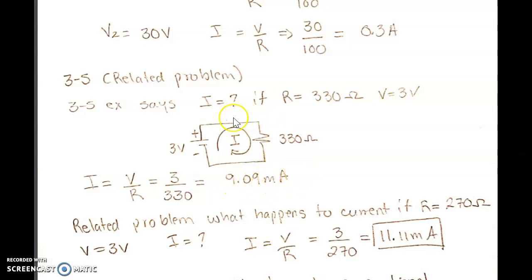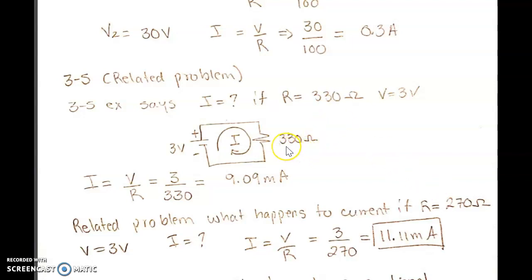But what happens if, in this same setting, the voltage is kept constant, but the resistor now goes down. It goes from 330 ohms to 270 ohms. We stated the mathematical relationship of Ohm's law between current and resistance as being inversely proportional.